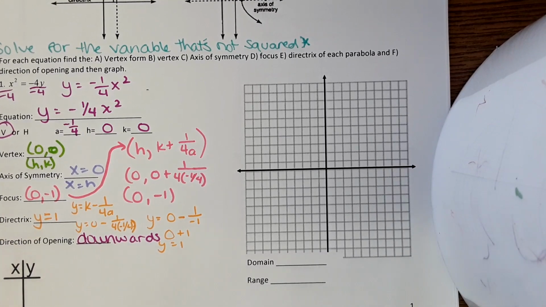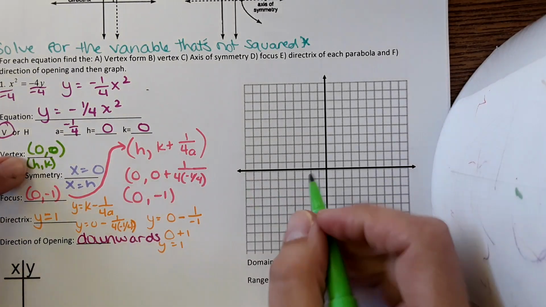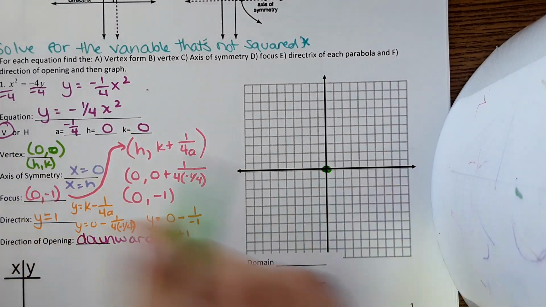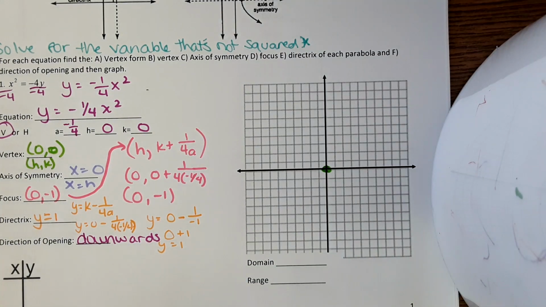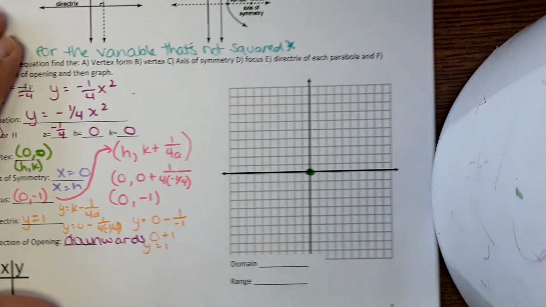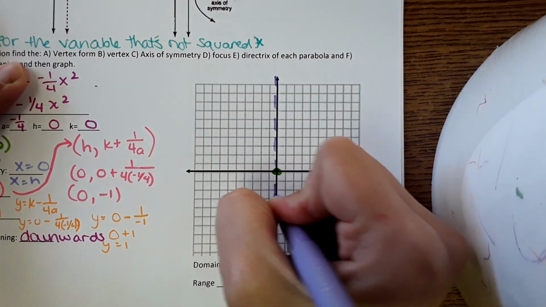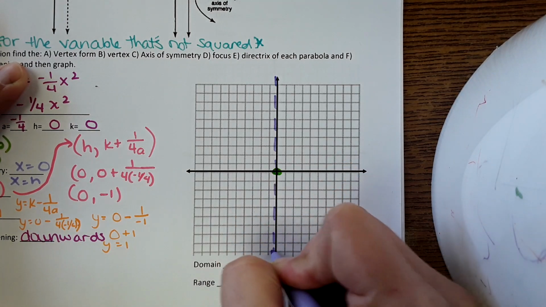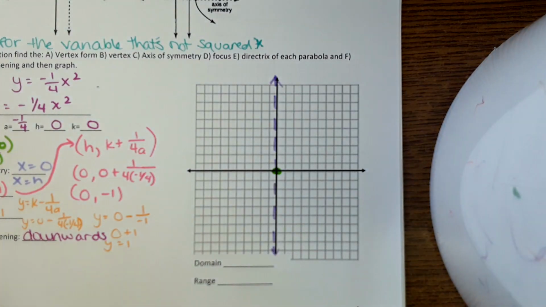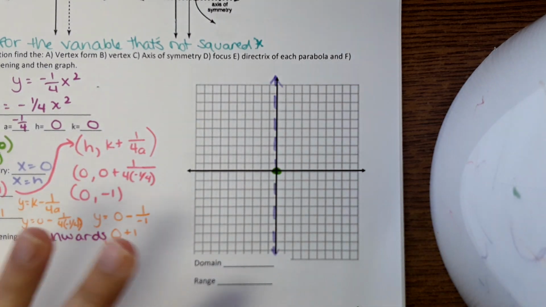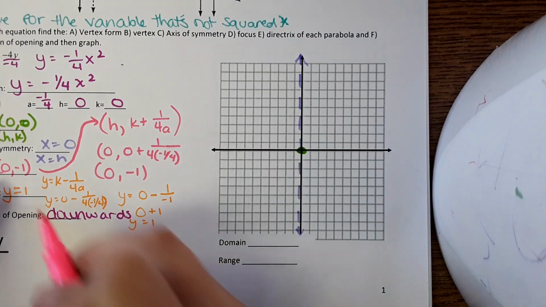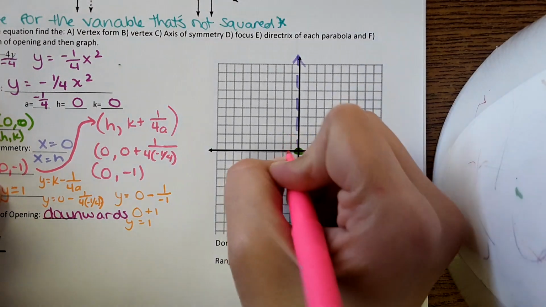So over here on the graph, our vertex is at 0, 0. Axis of symmetry is at x equals 0, so we'll just do a dotted line right here. Then, and I am color coding this as best I can, the focus point is at 0, negative 1.